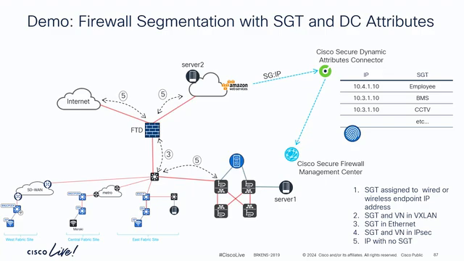Now, with all of these things together, Cisco Secure Dynamic Attributes Connector takes AWS security group to IP relationships, or Azure or Google Compute or whatever. It will read in EPG to IP bindings from the ACI domain, and it will read in IP to SGT bindings from the ISE domain.